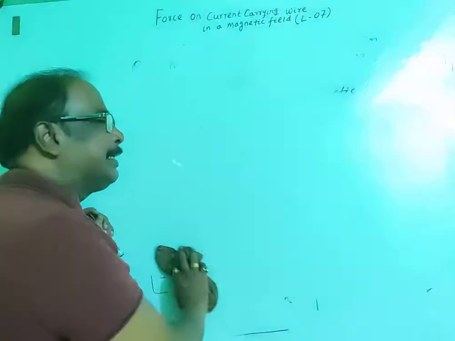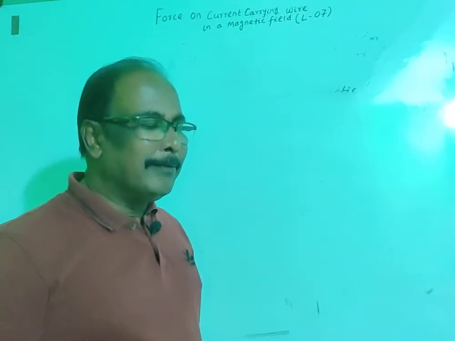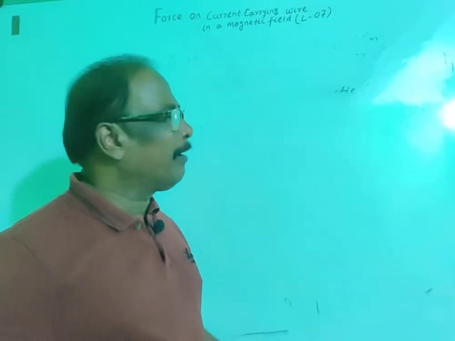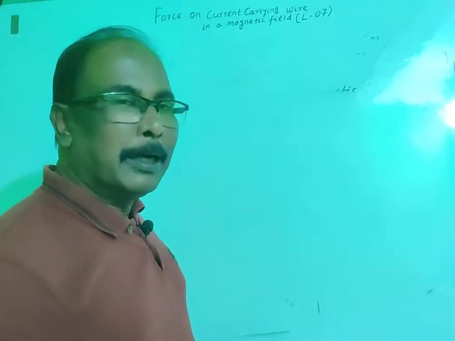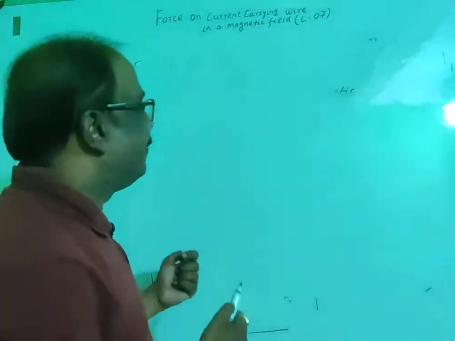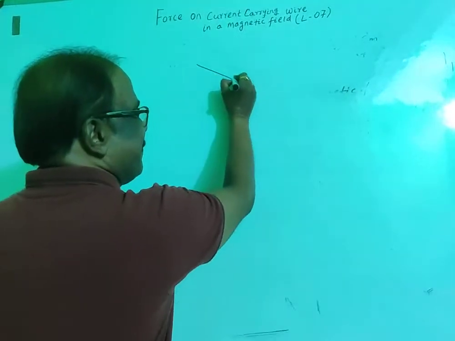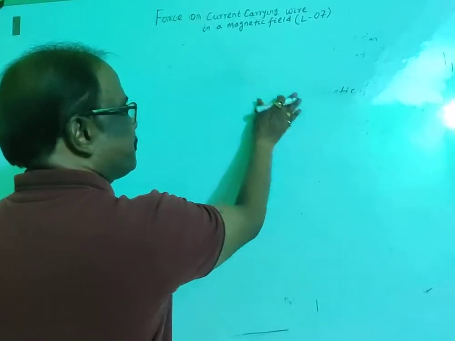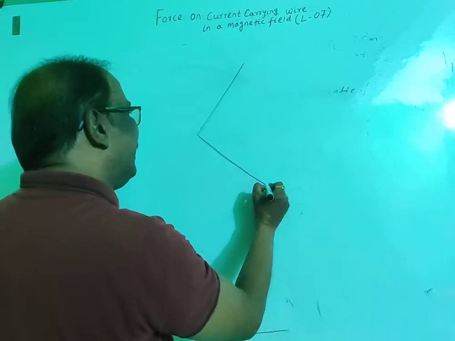Of course, in this type of question, the angle may be 90 degree or any other, and in general the force may be asked. What is the force? ILB sin theta. Suppose this is a wire bent like this.